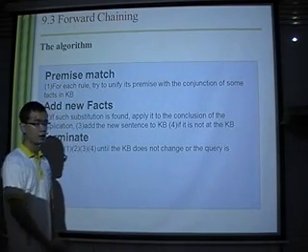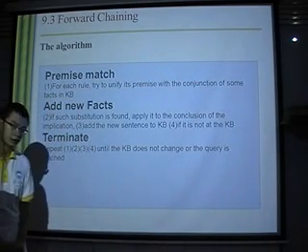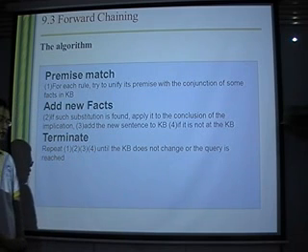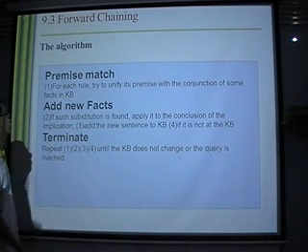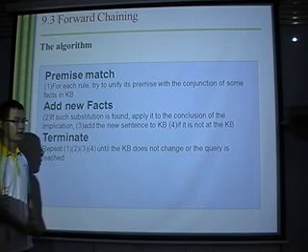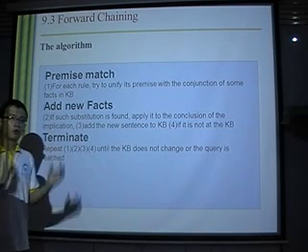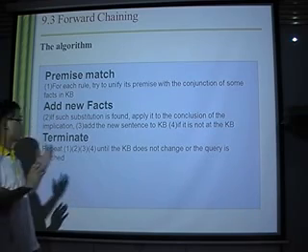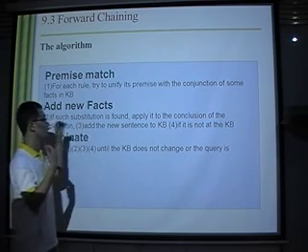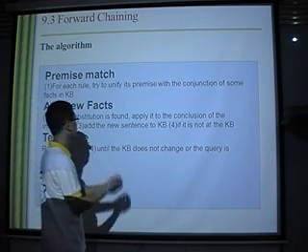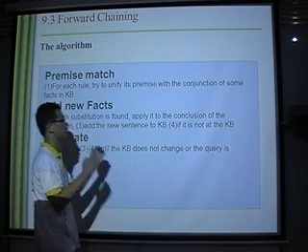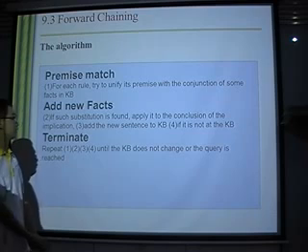And the algorithm contains three parts actually, but I would like to say two. First is the premise match. The algorithm visits each rule in the knowledge base and tries to find a conjunction of some facts in the knowledge base that unifies with the premise.